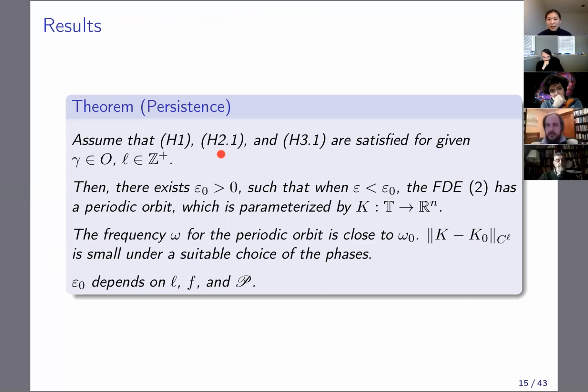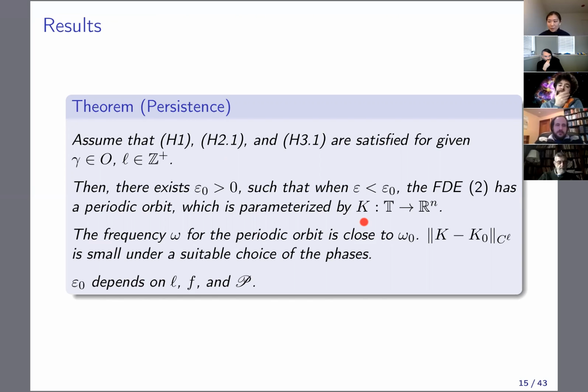Under these assumptions, we know that if the perturbation is small enough, then there will be a periodic orbit for the perturbed equation, and we can find the parameterization K of the periodic orbit. We also know that the frequency omega of the new periodic orbit is going to be close to the frequency of the original periodic orbit.